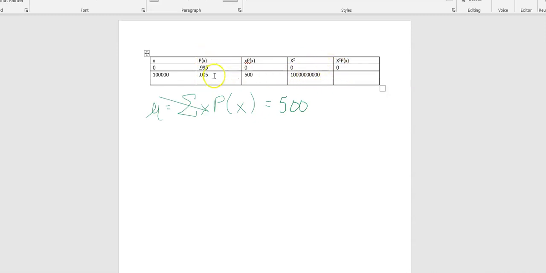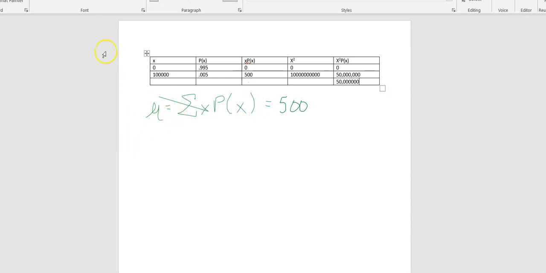But this number times 0.005 gives me 50 million, I believe, is the right number of zeros there. There we go. All right, now we add that column up.